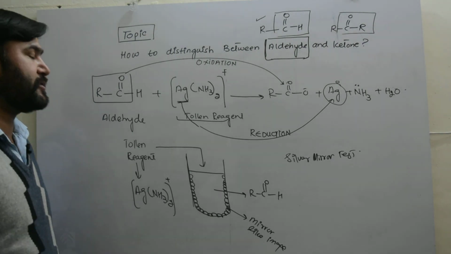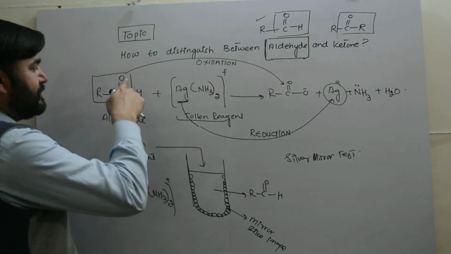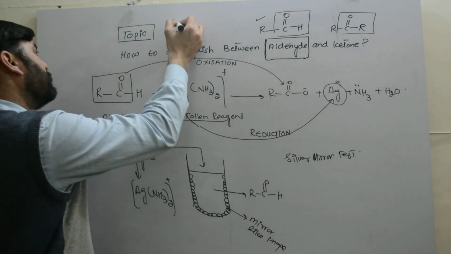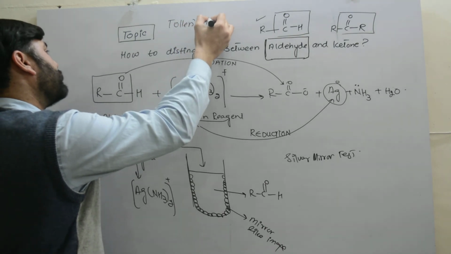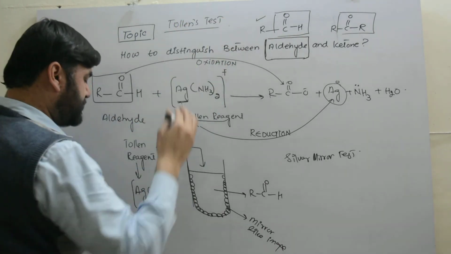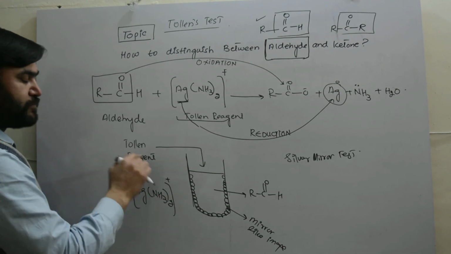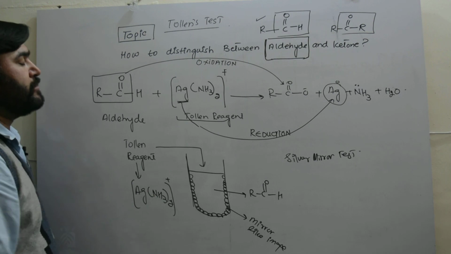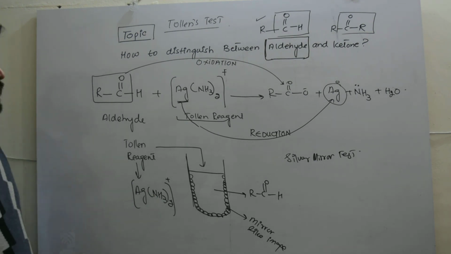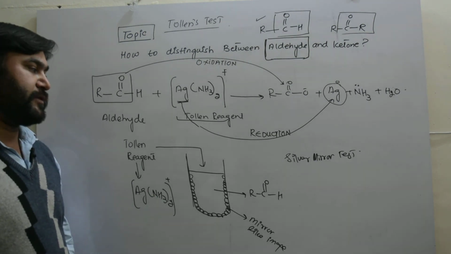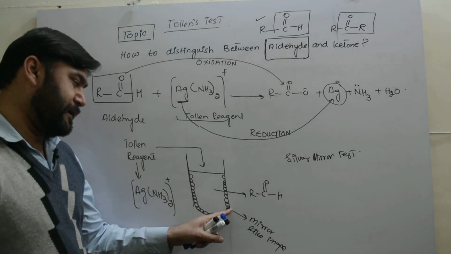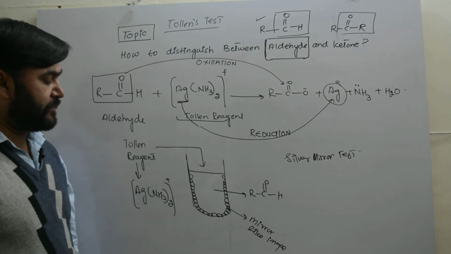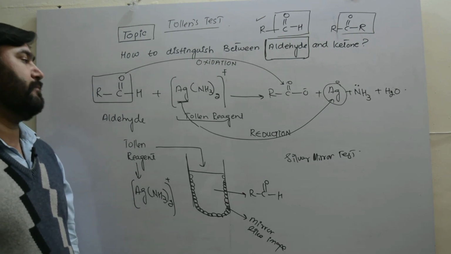For that distinction we use this test, Tollen's test, and the reagent is Ag(NH3) whole twice in the +1 form, a complex coordinate compound. This reaction will distinguish aldehyde from ketone because it forms a silver mirror, where you can see your face on the inner surface.